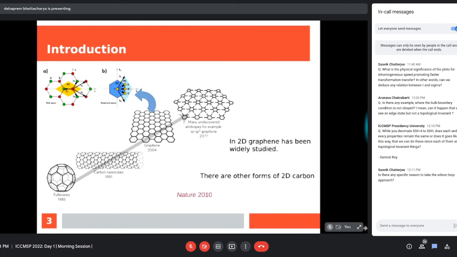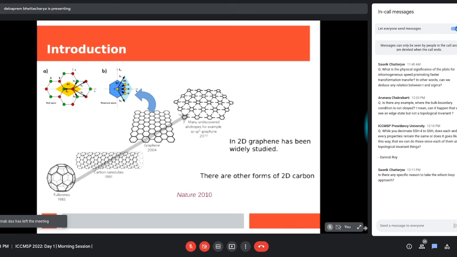So graphene has been very much studied for nearly the last two to three decades for its unique properties and applicability. But there are other two-dimensional forms of carbon which are reported in the literature, mostly in a theoretical manner. But that is not all.